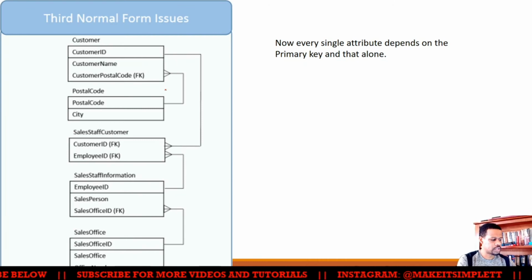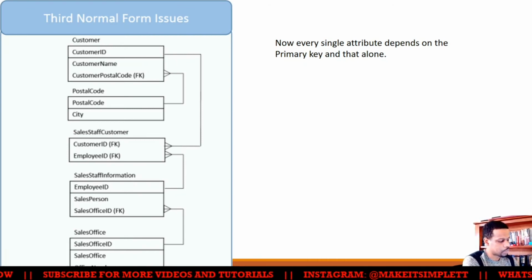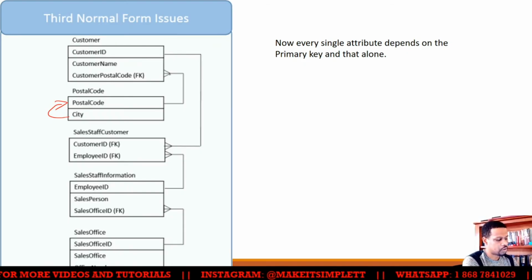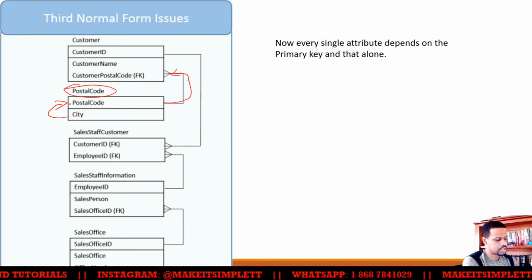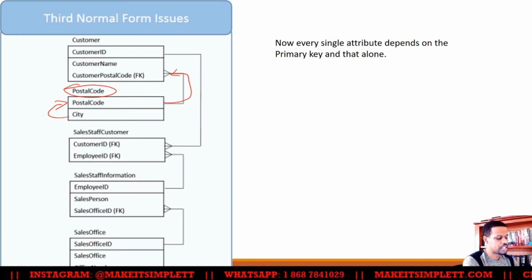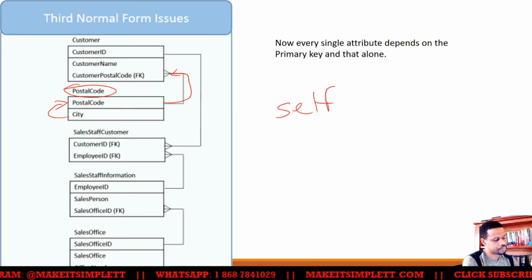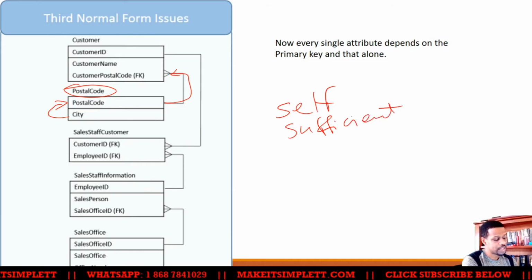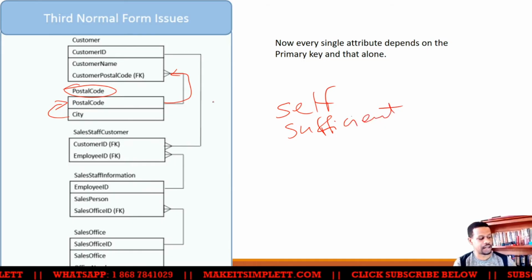So what you're going to do is create a relationship where postal code and city will be separate from each other, and therefore you create a relationship between postal code and the customer, so that this change here will only be taking place there. So third normal form is basically making every table self-sufficient. Once you make the table self-sufficient, then everything is okay.